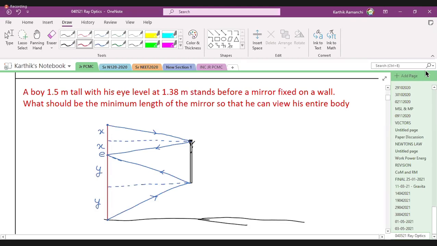Now, this ray appears as if it is coming from one point over here. This ray appears as if it is coming from another point somewhere here. So this is your image formed.